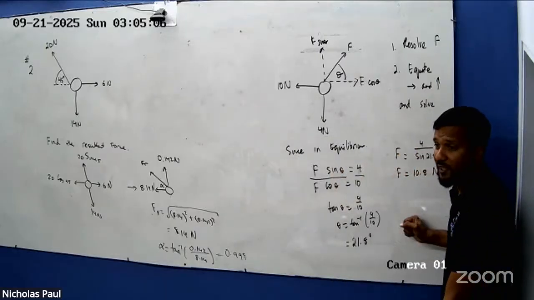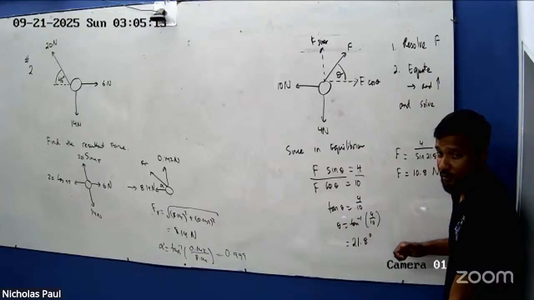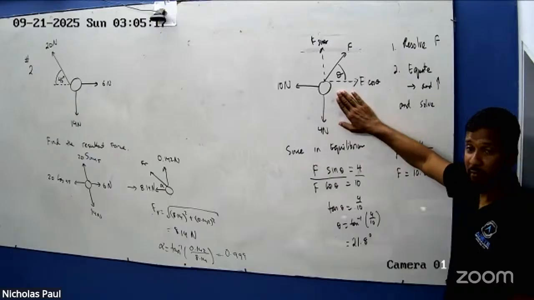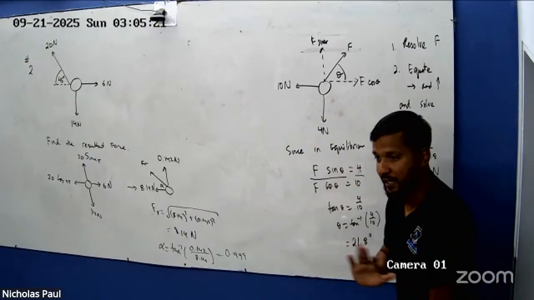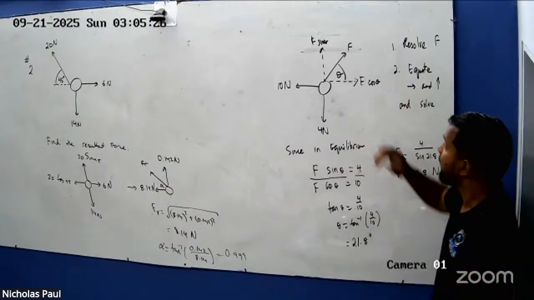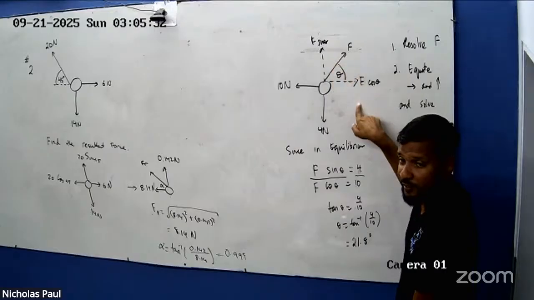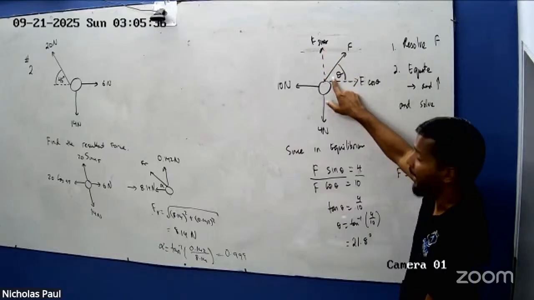Any questions there earlier? Anybody confused? Emma, which part? Okay, so let me start back here. The whole system is in equilibrium. What does equilibrium mean? Up equal to down, left equal to right. The problem is this is at an angle, so I have to resolve it vertically and horizontally.